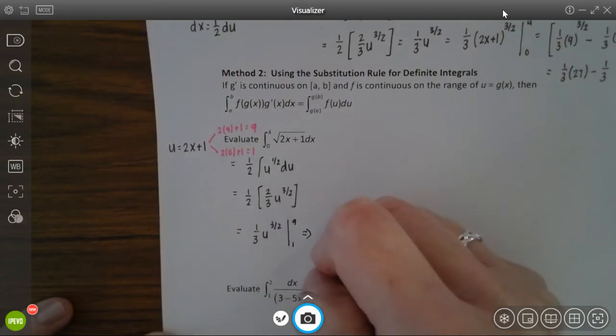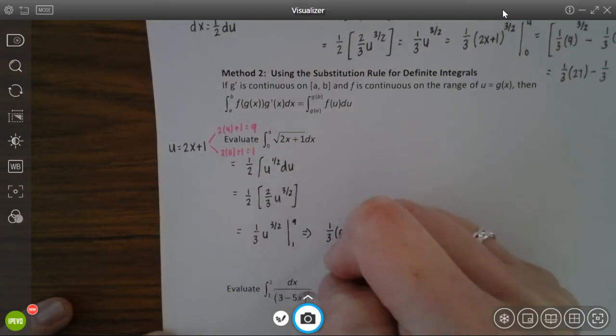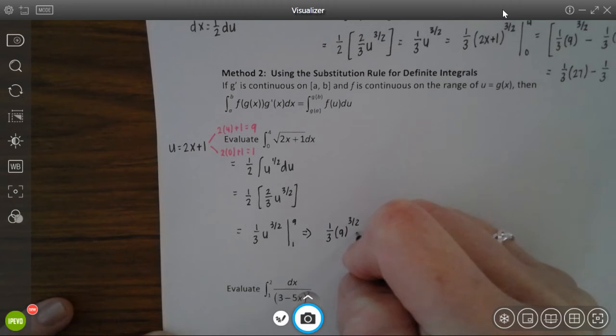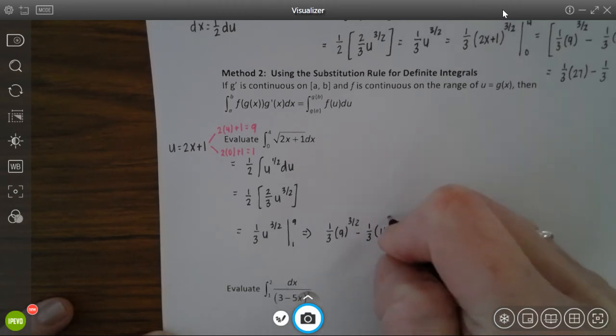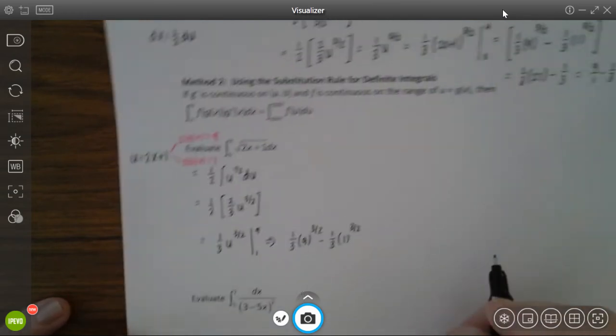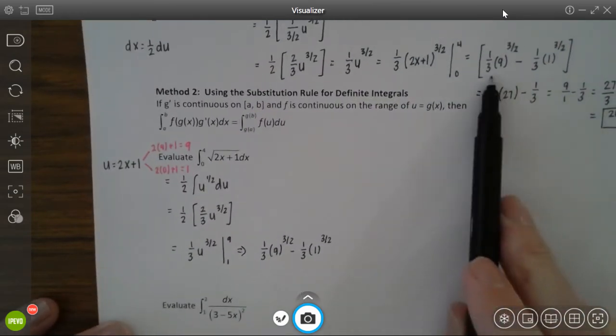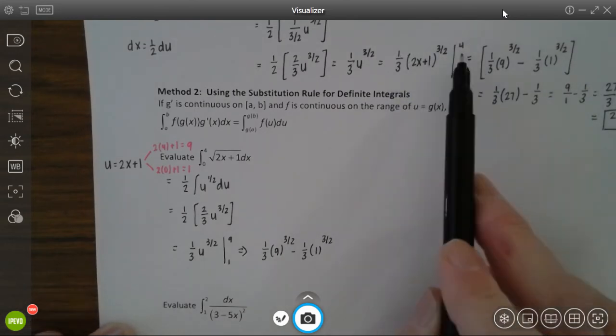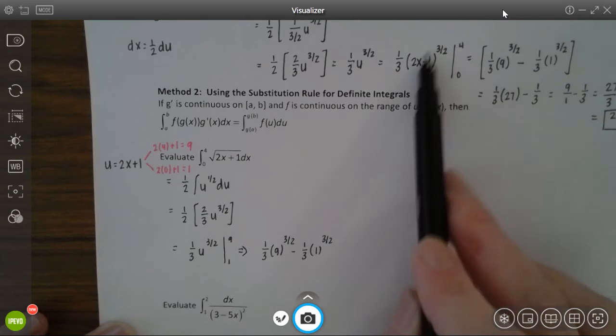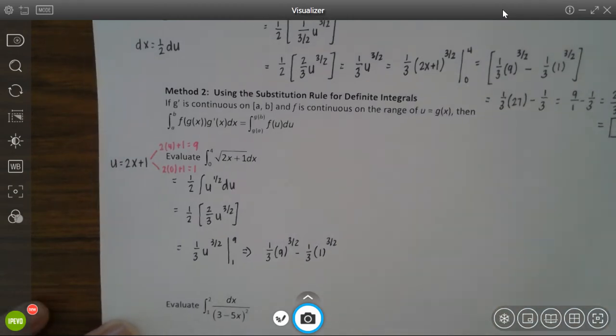When I do that, I'm going to end up with 1/3 times 9 to the 3/2 minus 1/3 times 1 to the 3/2, which, if you notice, is the same algebra that we ended up doing up here. We just skipped that middle step where we had to substitute back in our u and then substitute in our bounds.